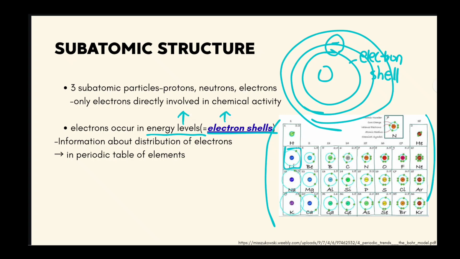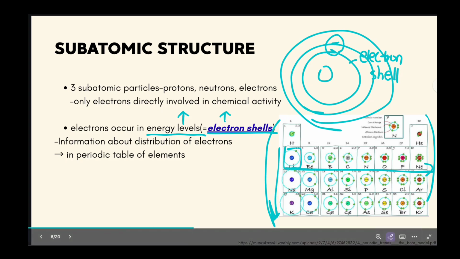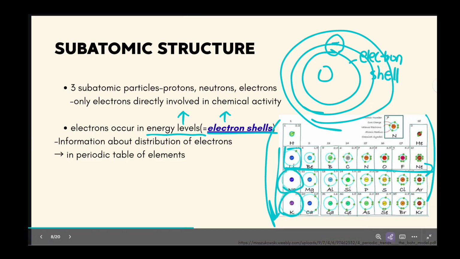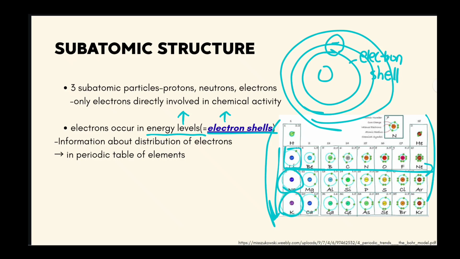And we can see this in the periodic table going downwards. You can see that the electron shell is getting bigger and bigger, and going from left to right, there are more electrons on the outside. Therefore, we can know energy levels.